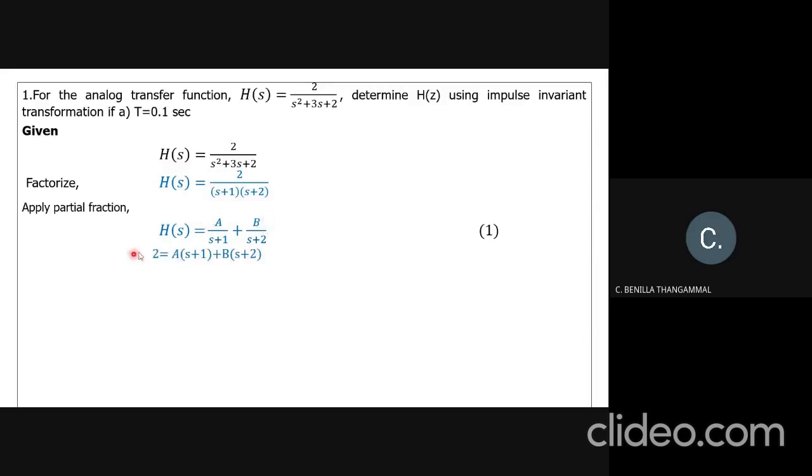So now I can equate this H of s as 2 divided by (s plus 1) into (s plus 2). Taking the LCM, you can cancel this, so that I have A into (s plus 1) plus B into (s plus 2).